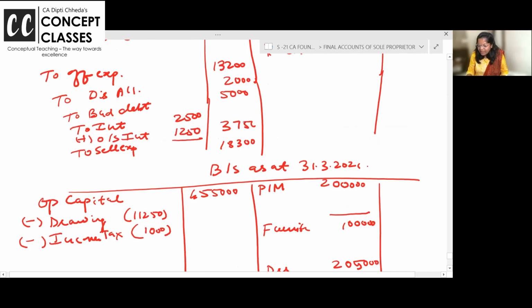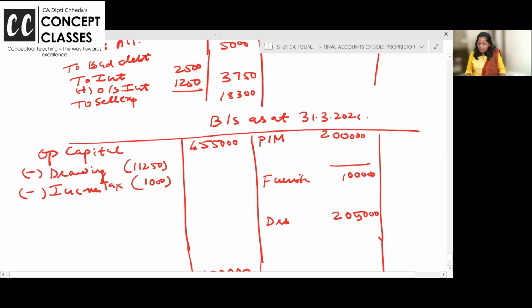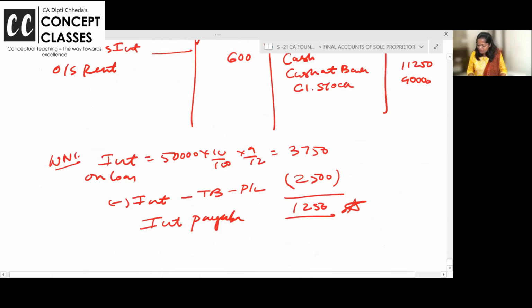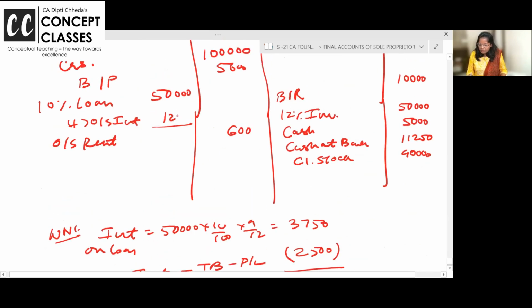So correct. 3,750 is the interest expense for this year, paid or not. आ गया आपको? 3,750 आ गया. Come to balance sheet. In the loan, add outstanding interest. How much it is? 1,250. So this is 51,250.